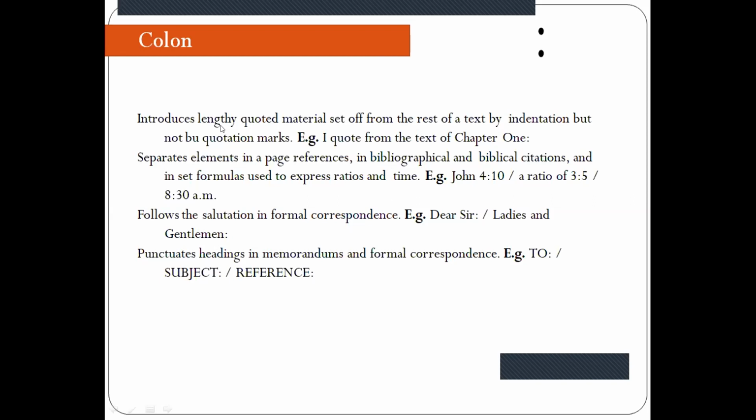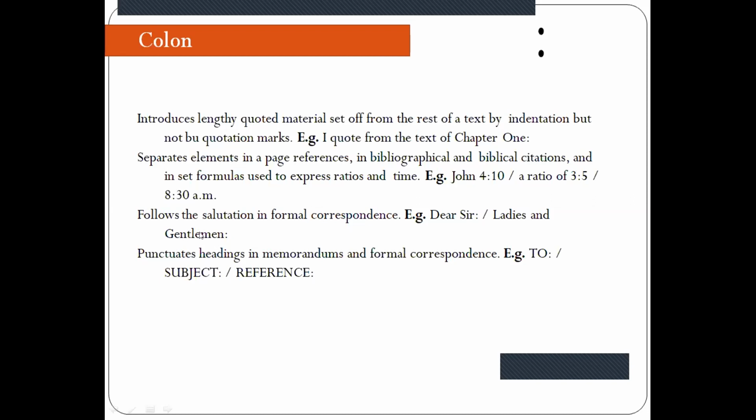That's why they say it introduces lengthy quoted material. So not only the length, but it shows you where you quoted from.